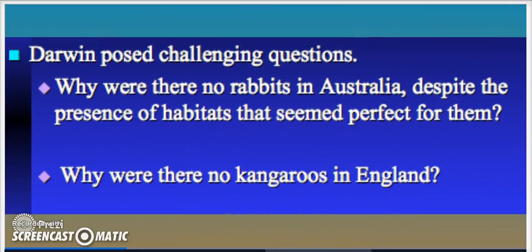And he wondered, why is it that there aren't any rabbits in Australia, despite having habitats that seem perfect for them? Likewise, why aren't there any kangaroos in England? If there hadn't been a change over time, most of these animals should be the same from one place to another with the same kind of ecosystems.